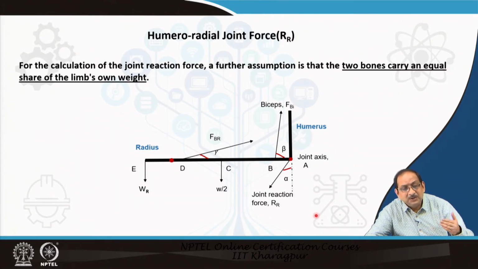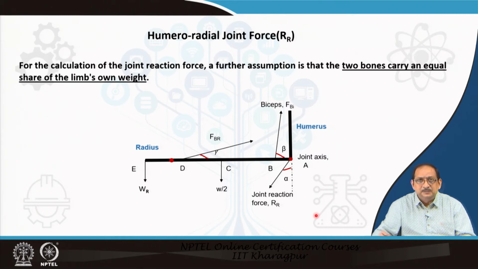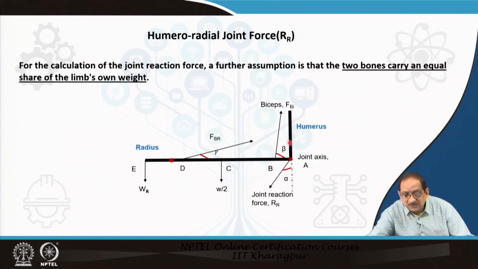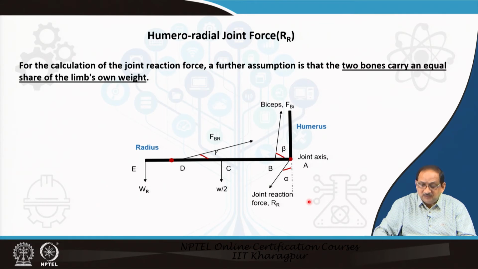For the articulation between ulna and humerus, the other half of the limb weight will be considered. Now, this is the free body diagram of the muscle forces and the external loads along with the limb weight and the joint reaction force, which is the humeroradial joint reaction force.